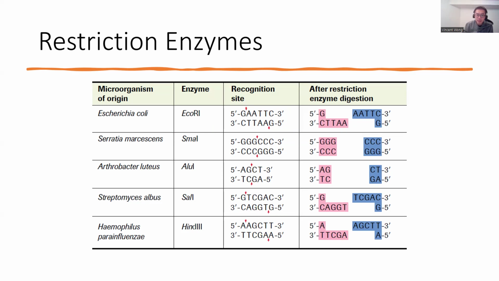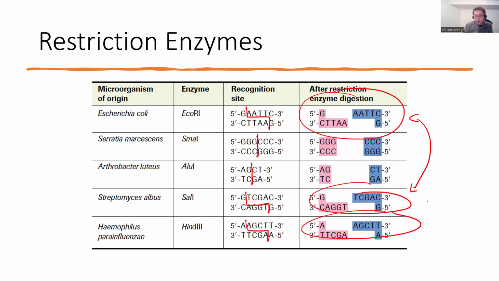Sometimes they will cut zigzag like this. Sometimes they will cut straight down like that. The zigzag cutting creates what we call sticky ends. That's actually what they are called.